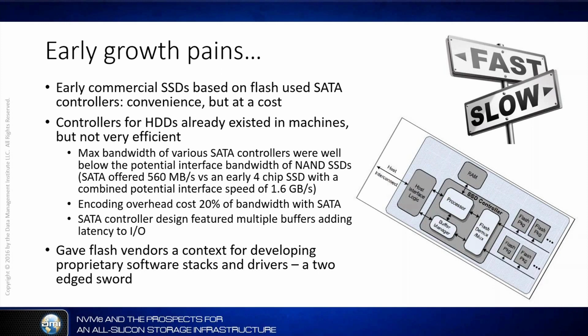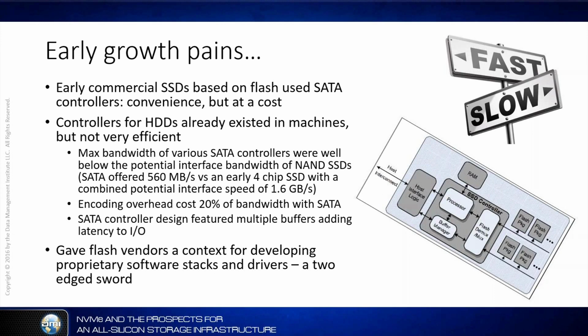The maximum bandwidth, for example, of SATA controllers was well below the potential interface bandwidth of NAND SSDs. A SATA controller offered 560 megabytes per second as its bandwidth versus an early 4-chip SSD with a combined potential interface speed of 1.6 gigabytes per second.